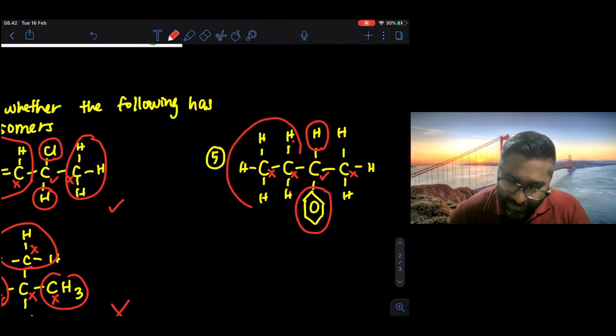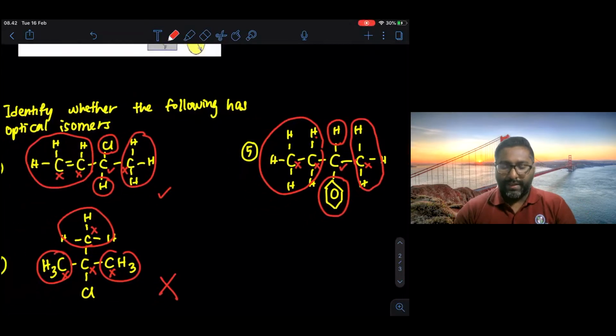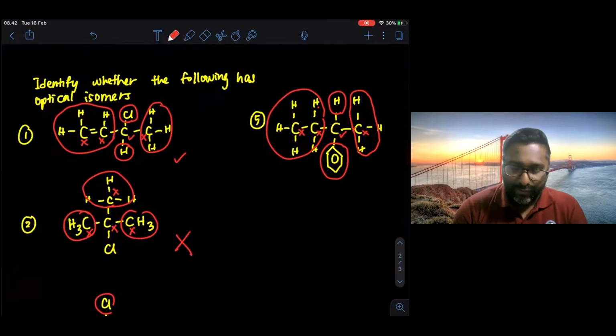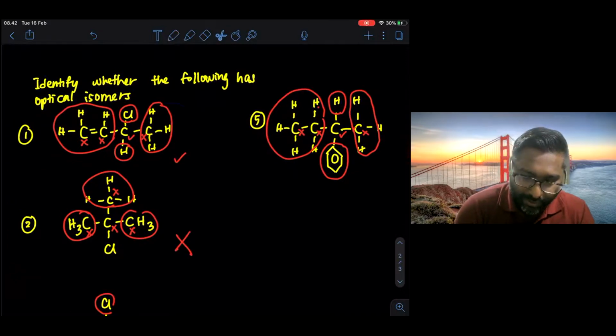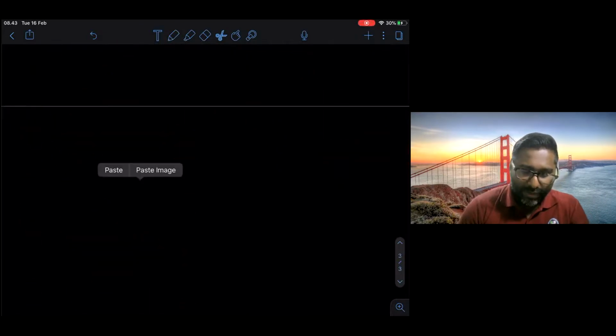This entire thing is going to be 1 group, and you have this as 1 group. So if I want to draw the optical isomer, let's select 1. So let's select this molecule, and let's actually try to draw the optical isomer for this molecule.